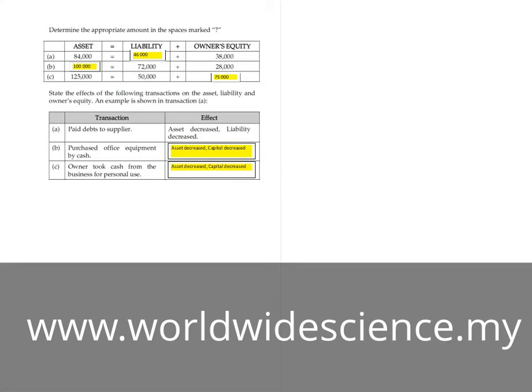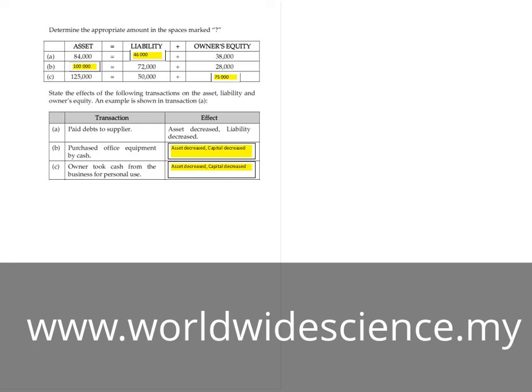And let's see, B is assets decreased and capital decreased, right? And exercise number C, the owner took cash from the business for personal use. Do you remember the concept of the business entity, where we talk about the business budget being separate from the owner's budget?